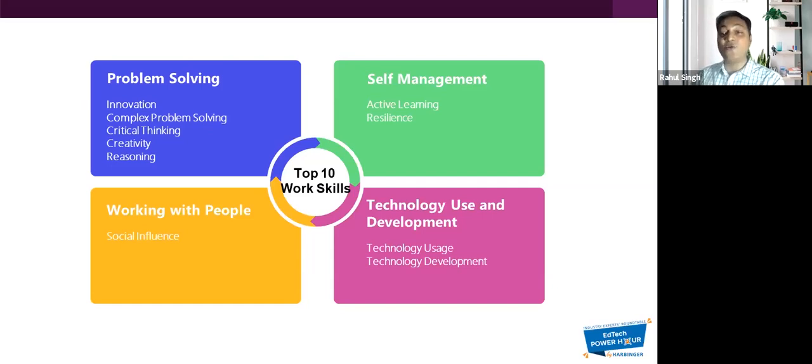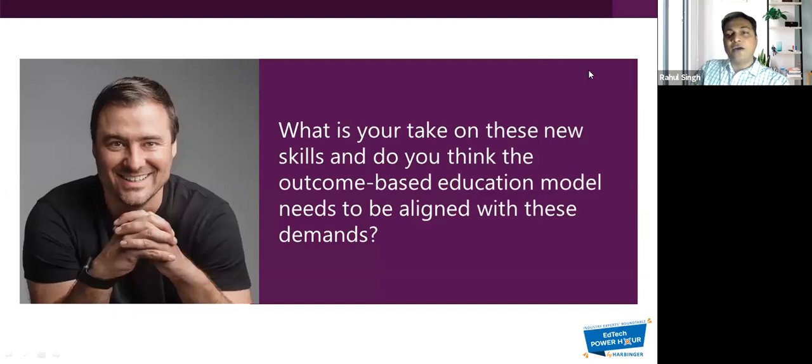Your coding skills alone will not help you much. So moving ahead in terms of these top 10 work skills, I wanted to pose this question to you, Brian. What is your take on these new skills? And do you think the outcome-based education model needs to be aligned with these demands?